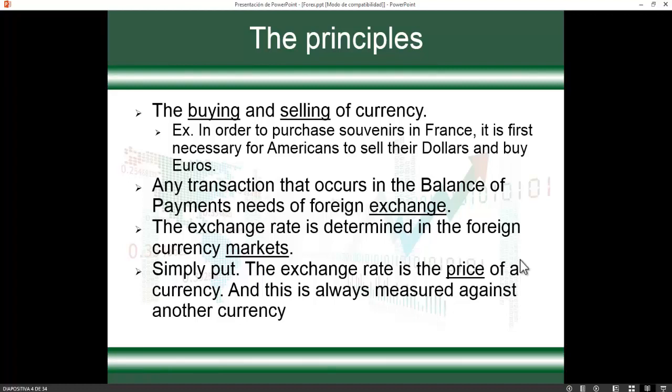So any transaction that occurs in the balance of payments needs a foreign exchange, of course, because you need to pay with a different currency, so you need a foreign exchange rate. This rate is determined in the foreign currency market, which is the market that we are on. Simply put, the exchange rate is the price of a currency, and this is always measured against another currency.